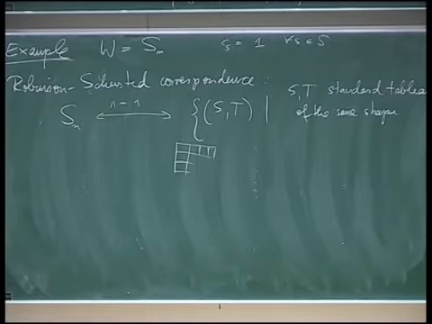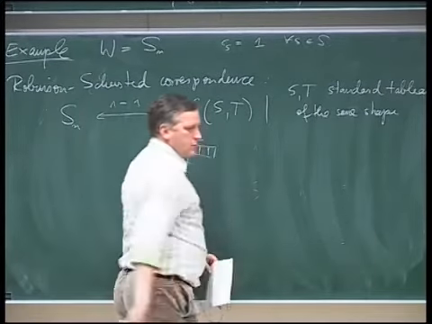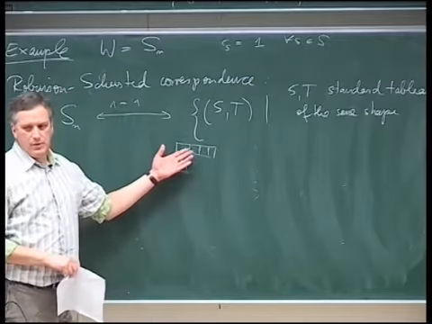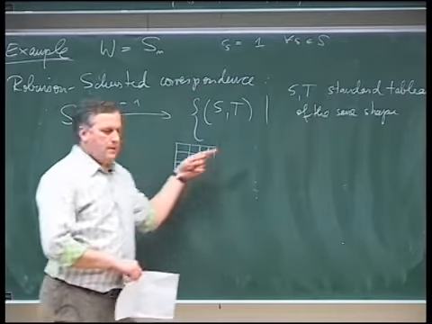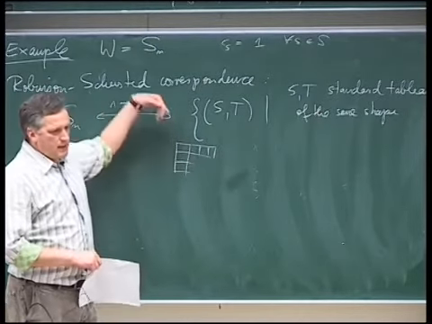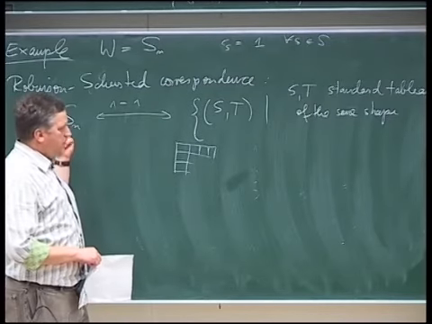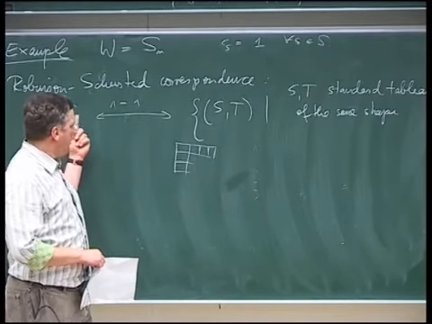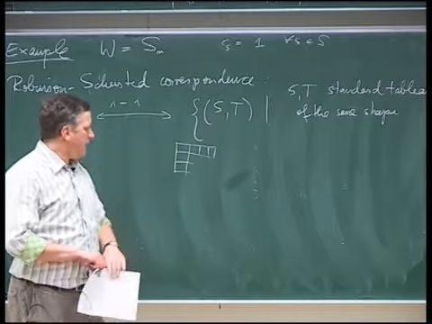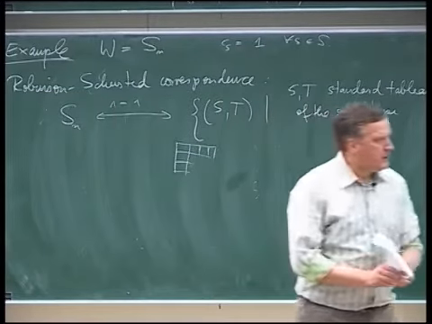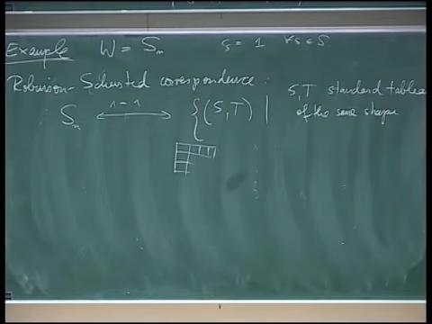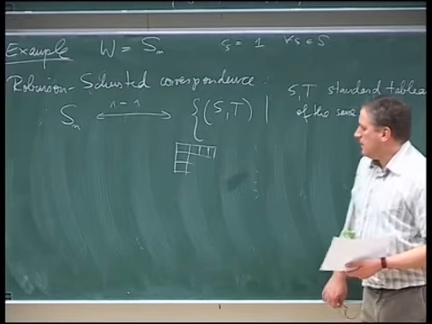That's a Young diagram, and a tableau means you fill these boxes with numbers, and standard means that from left to right and from top to bottom these numbers have to be increasing. So for each permutation you can construct such a pair of tableaux. Now I don't have the time, so if you haven't seen this, we can do an example this afternoon.